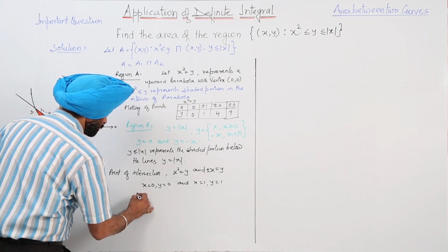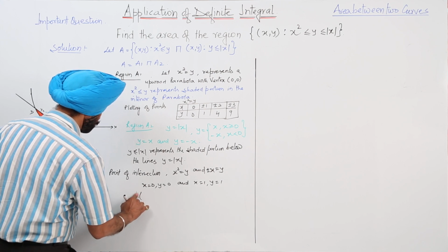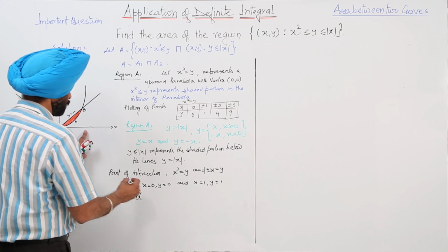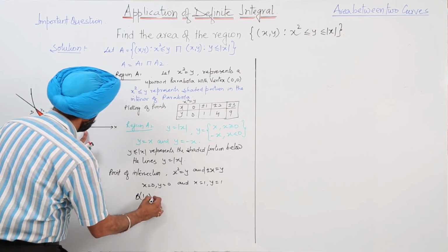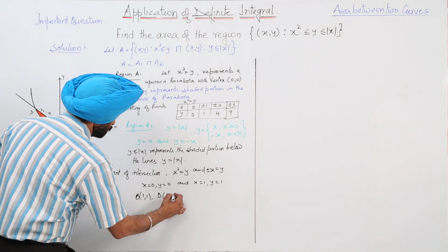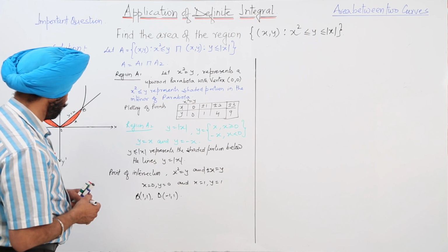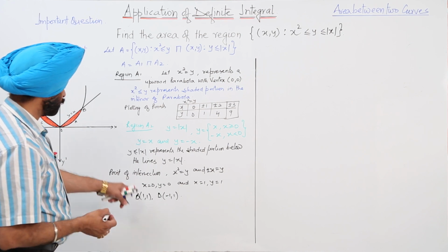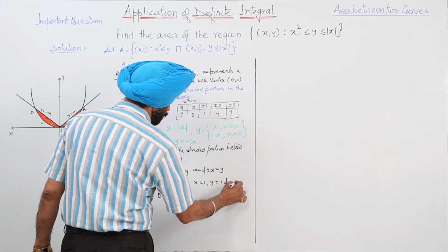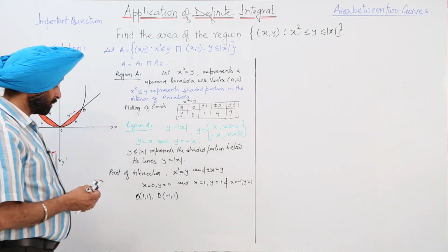So, points of intersection are A, we are having B, B is (1, 1) and D is (−1, 1). That is, (1, 1), (0, 0) and x = −1, y = 1. Okay.